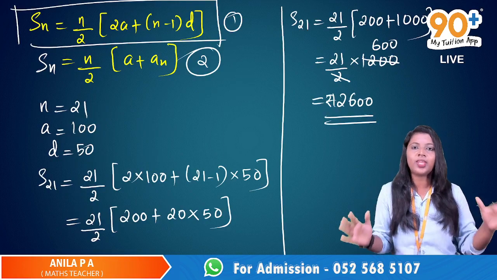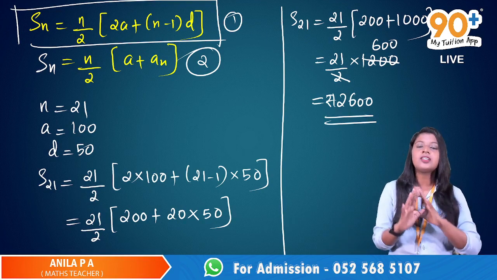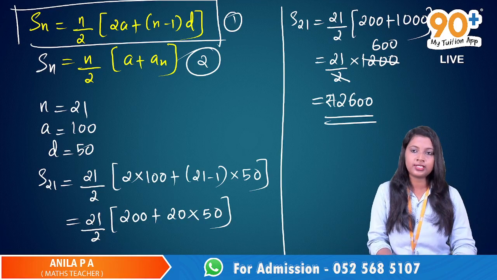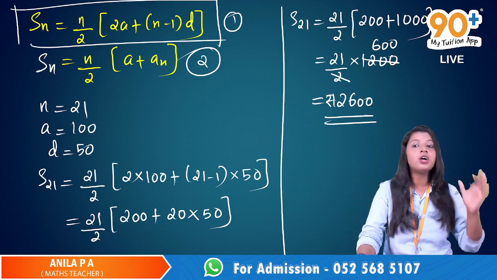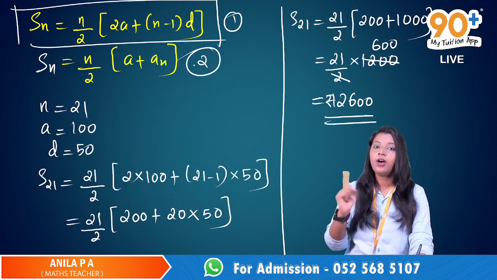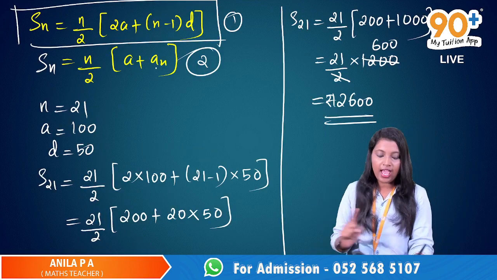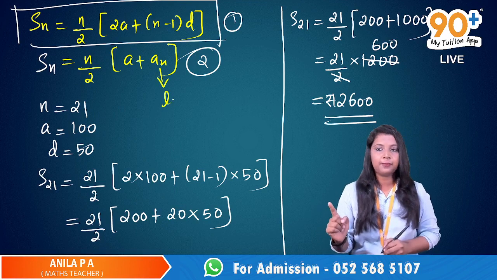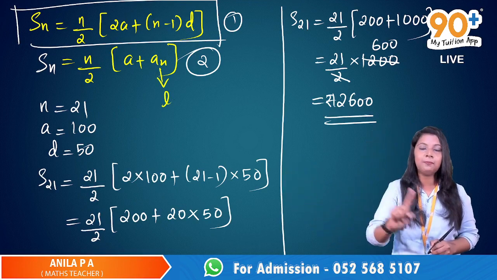So you can use the first equation or the second equation. The second equation can be used only if the nth term is given, and if an is the last term, it is n by 2 into (a plus l).